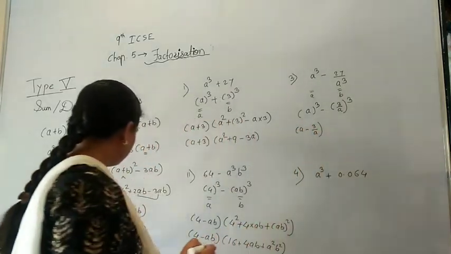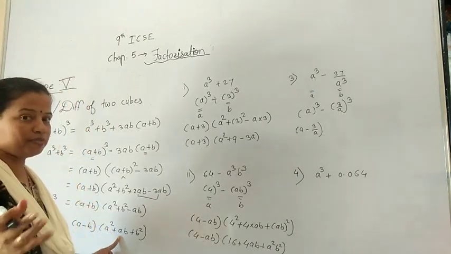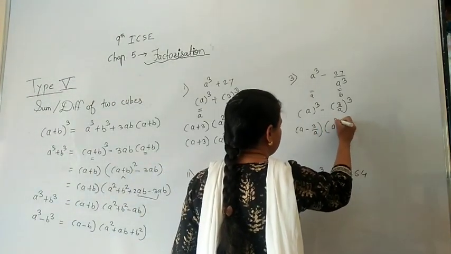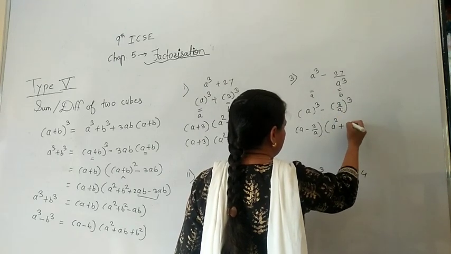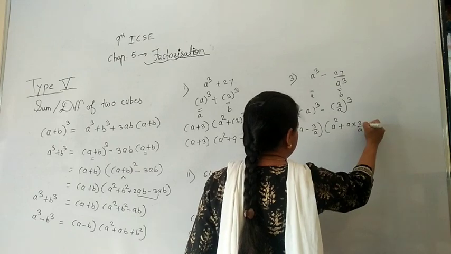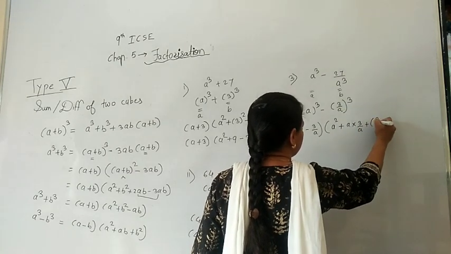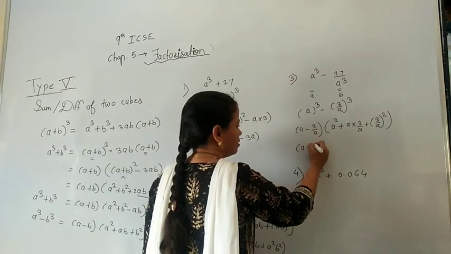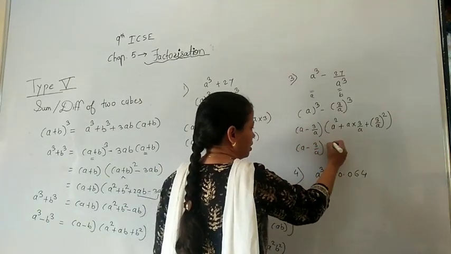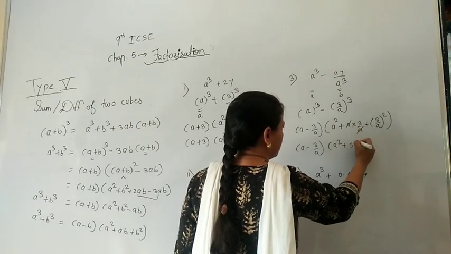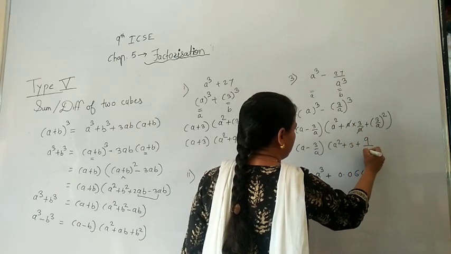Now a square plus ab plus b square, right? So a square means a square plus ab, a into 3 upon a, plus b square means 3 upon a bracket square. So that a minus 3 upon a, and a square, a cancel, plus 3 plus 9 upon a square.